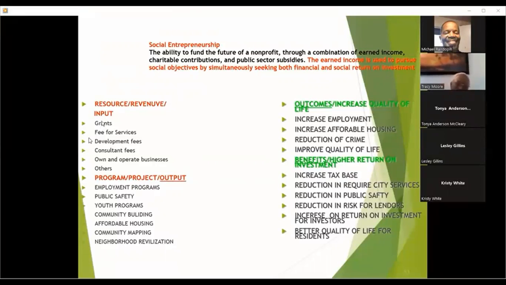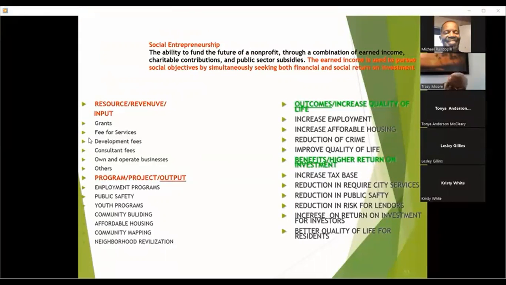One is traditional grants. You can charge a fee for service. A development fee, if you're doing affordable housing or any type of capital project. A consulting fee, if you get so good at what you do and other groups want to consult with you to show them how to do it. Own and operate your own business, or in other words, this is what we call really earned income.